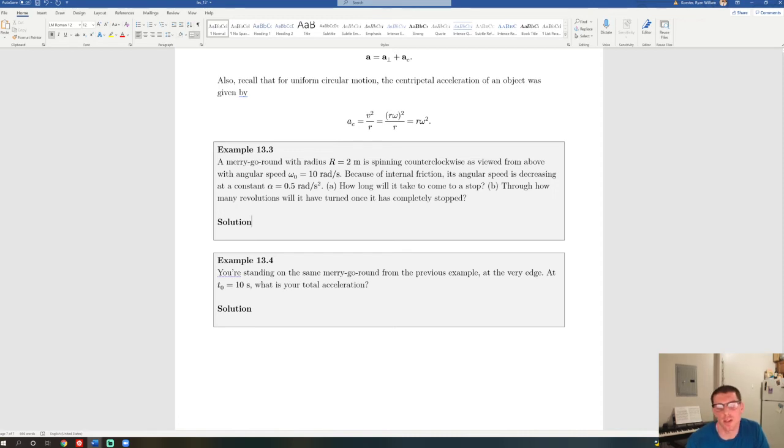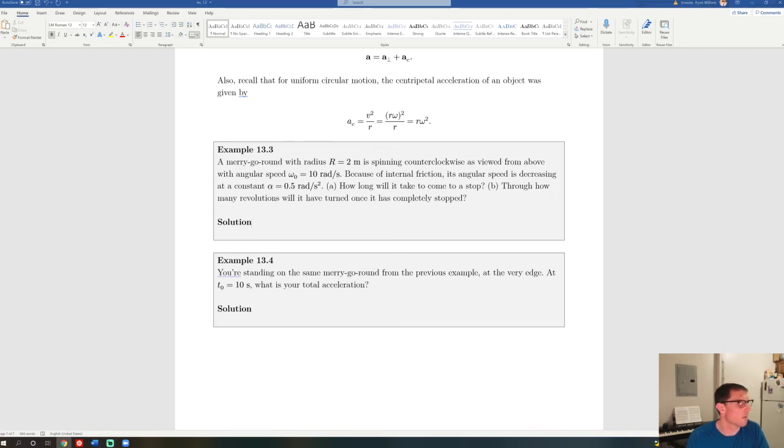Okay, a common thing to consider for angular kinematics, and actually we're going to be looking at many, many more merry-go-rounds, I'm sure of it, is the merry-go-round, because this is something I think everybody's probably familiar with. Just in case, I can show you what this looks like.